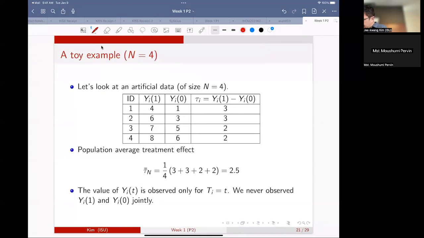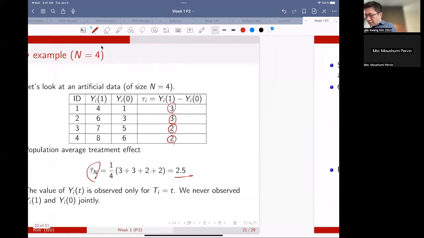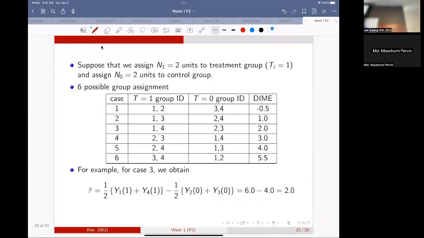So then this is tau 1, tau 2, tau 3, tau 4, and the population average treatment effect is the average of these taus, which is 2.5. But we don't observe the population. The problem is we never observe the potential outcomes jointly. So all you can do is some randomization.